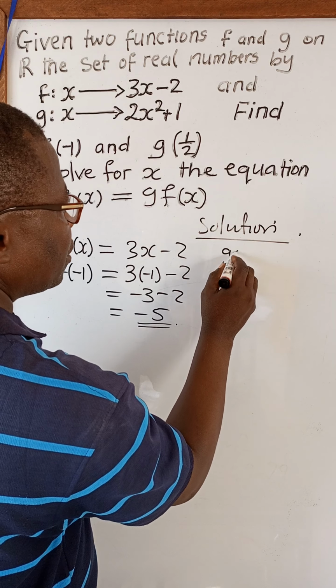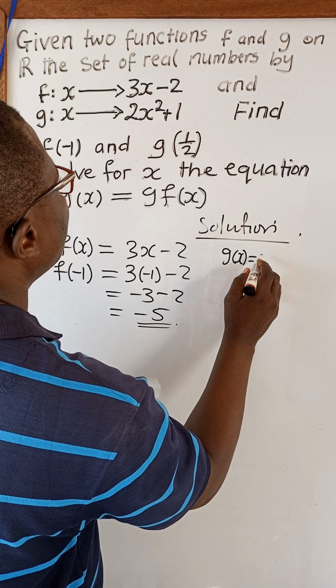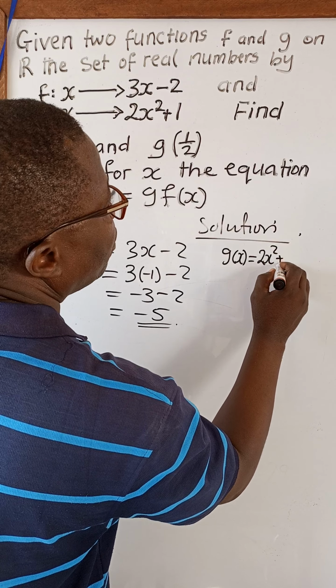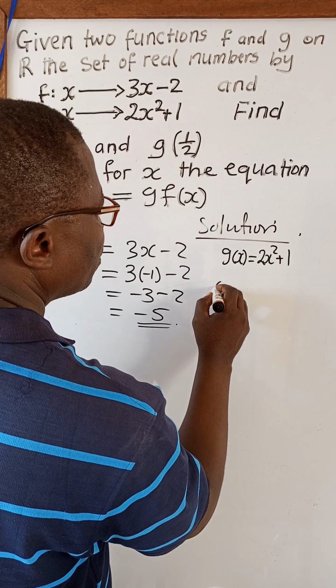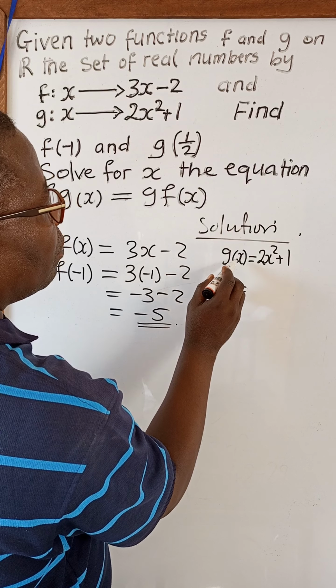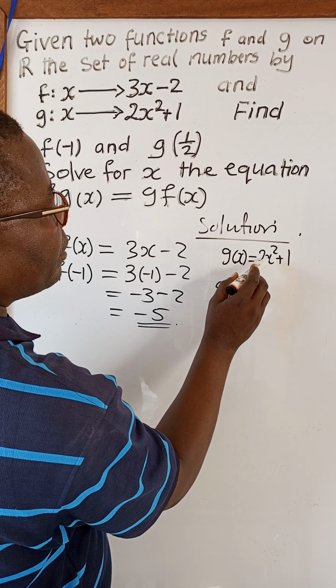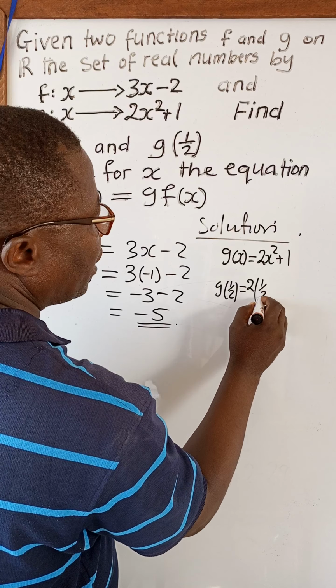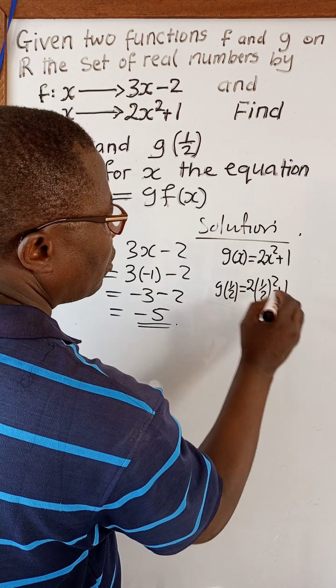We also have g of x to be 2x squared plus 1. And so for g of a half, wherever we have x in that expression, we'll replace it with a half. We'll have 2 into a half squared plus 1.